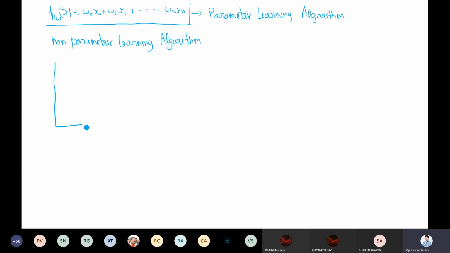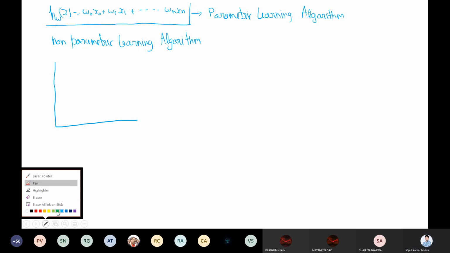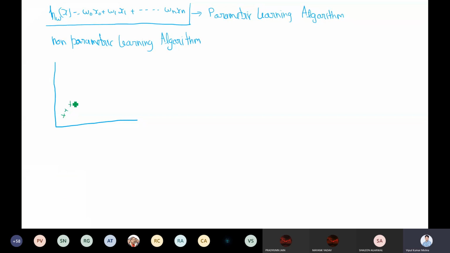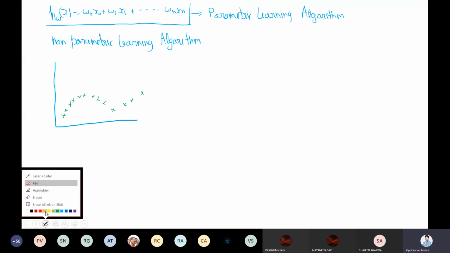Suppose we have some data points, something like this, right? Now, whenever you want to make a prediction, so let me color.